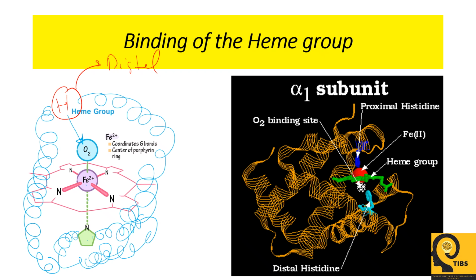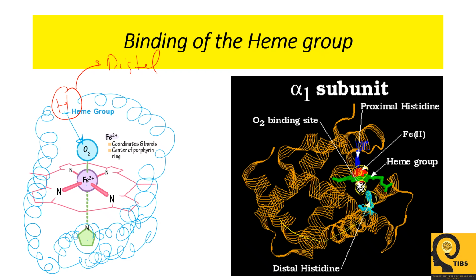So we can say the proximal histidine is directly attached to the iron, and the distal histidine is also in the polypeptide chain, but it is directly attached to the oxygen, and the oxygen is attached to the iron. Similarly, here you can see the red color is the iron, and this is the oxygen, and the oxygen is attached to the distal histidine, which is part of the polypeptide chain.